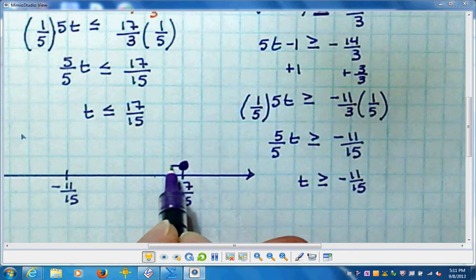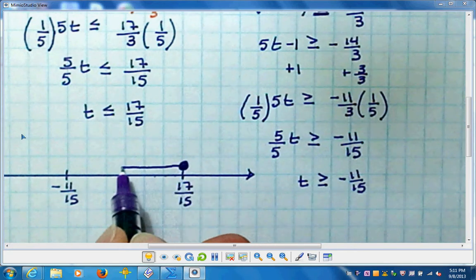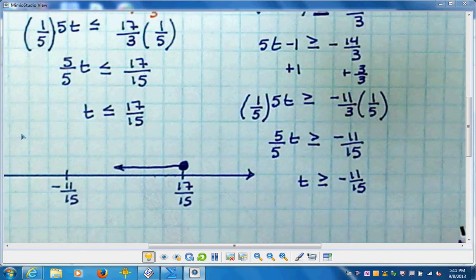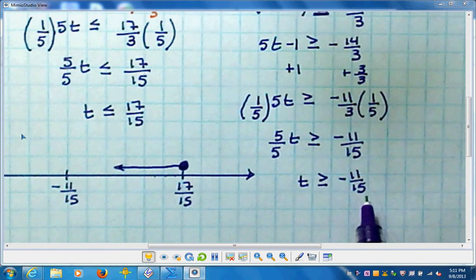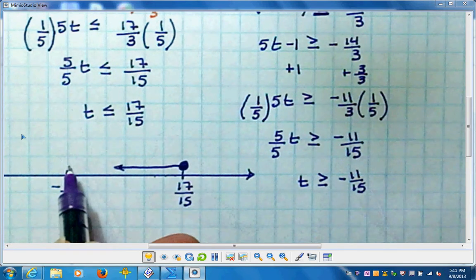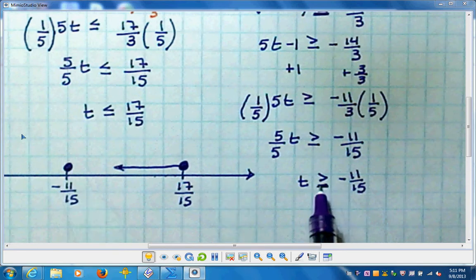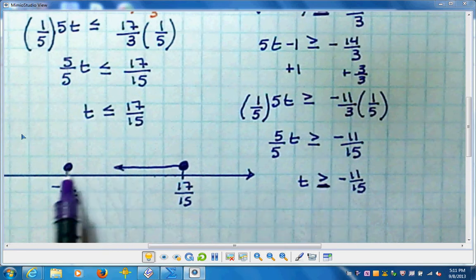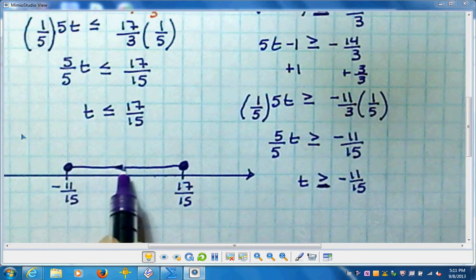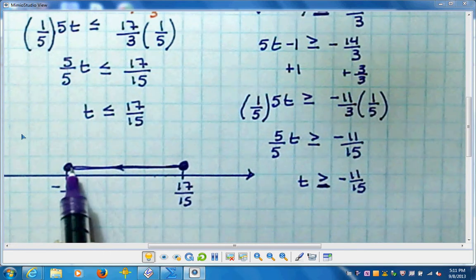So that means this is going this way. Yes? And then I'm looking at this t. T is greater than or equal to -11/15. Well, since it's got that equal sign in the inequality, this bar, I'm going to color that in. And t gets larger. Ooh, that's where they share, right there. So it's in the middle.